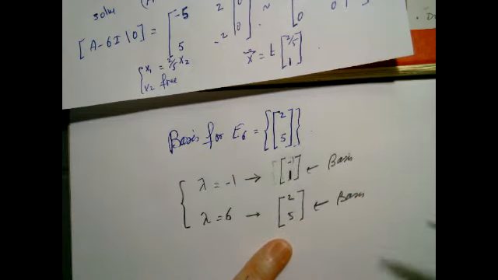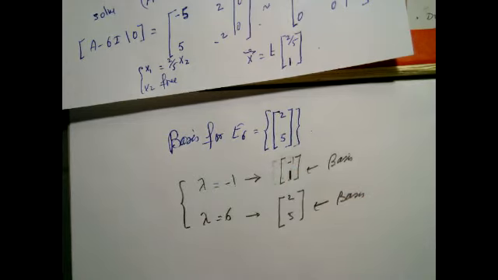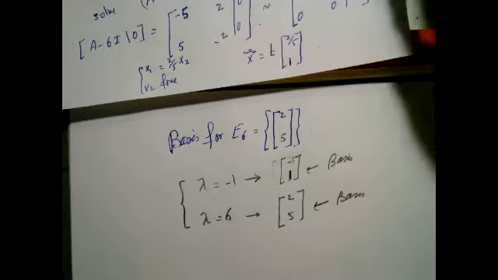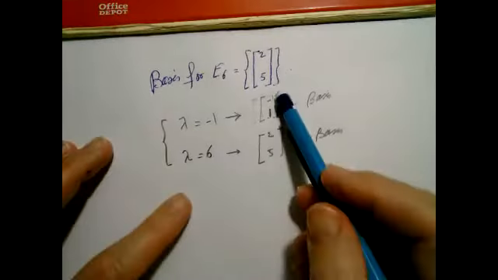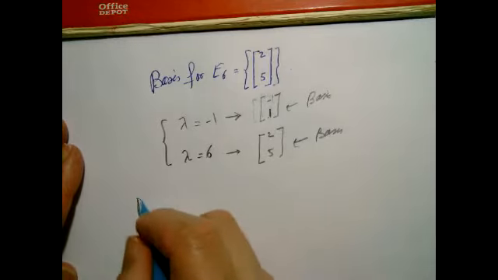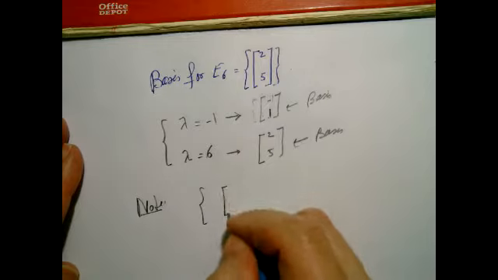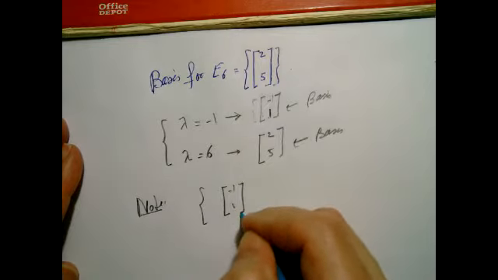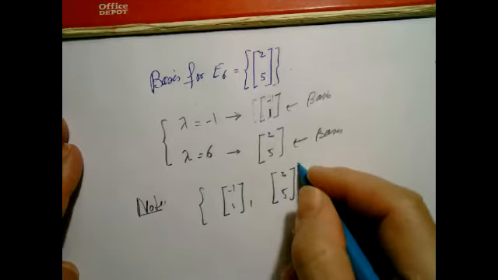Now for a matrix to be diagonalizable, I need 2 linearly independent eigenvectors. And the question is, do I have 2 linearly independent eigenvectors? I need 2 of them. Let us note that the following vectors, (-1, 1) and (2, 5), are eigenvectors.